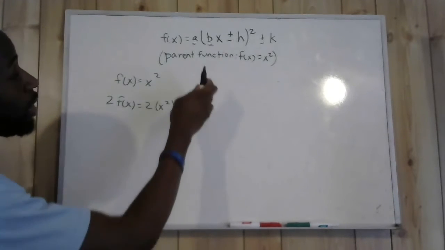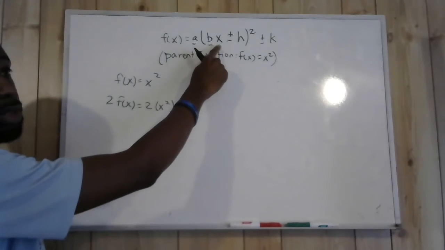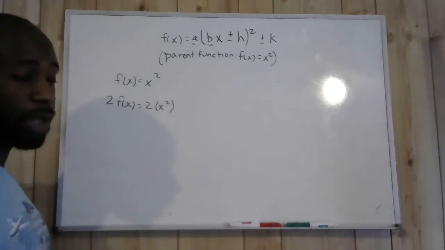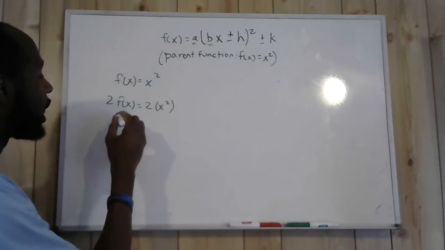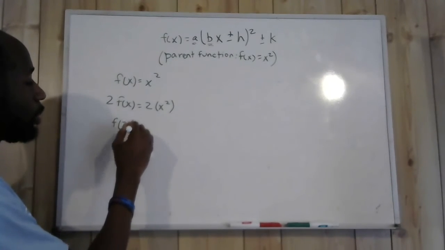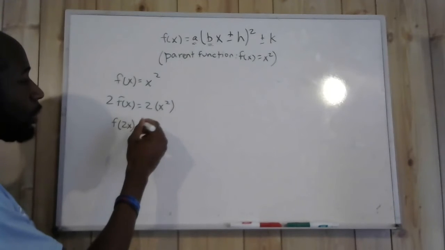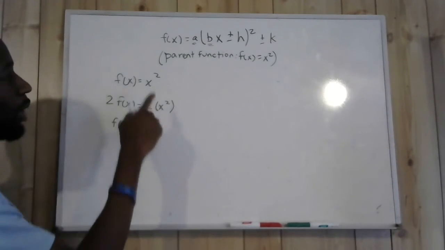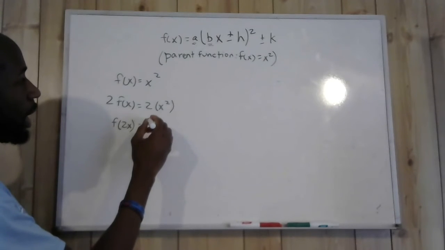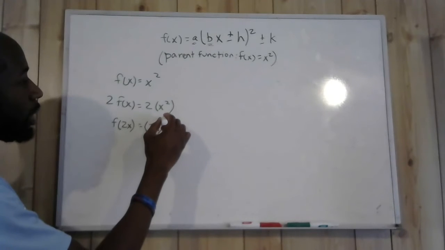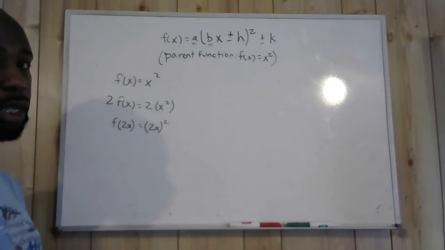Now a function multiplied times x, or the argument, if b was equal to 2, that's just like saying f of 2x equals, again, looking at our parent function, that is 2x squared. Okay.